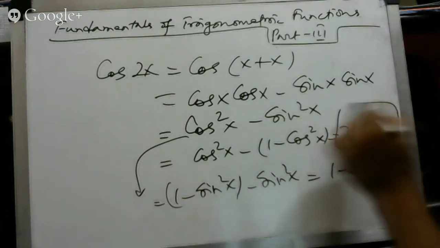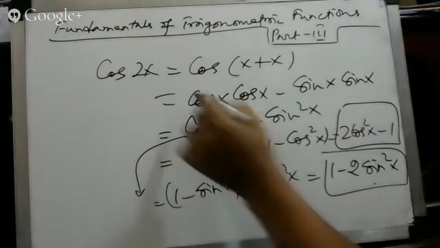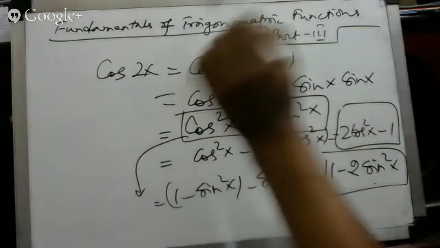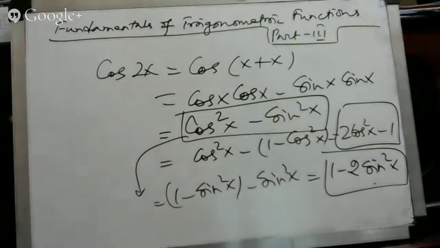So we have 1, 2 and 3. So this is the cos 2x formula we can write.